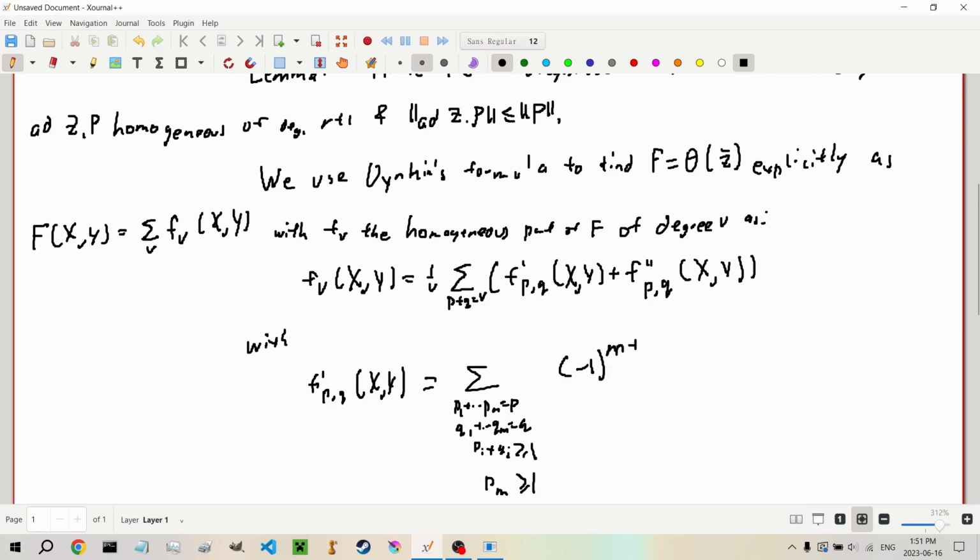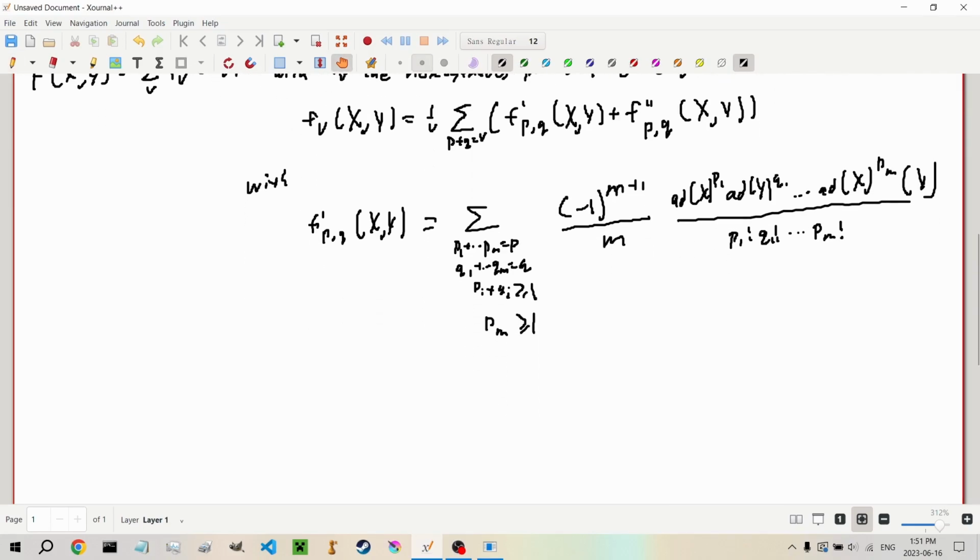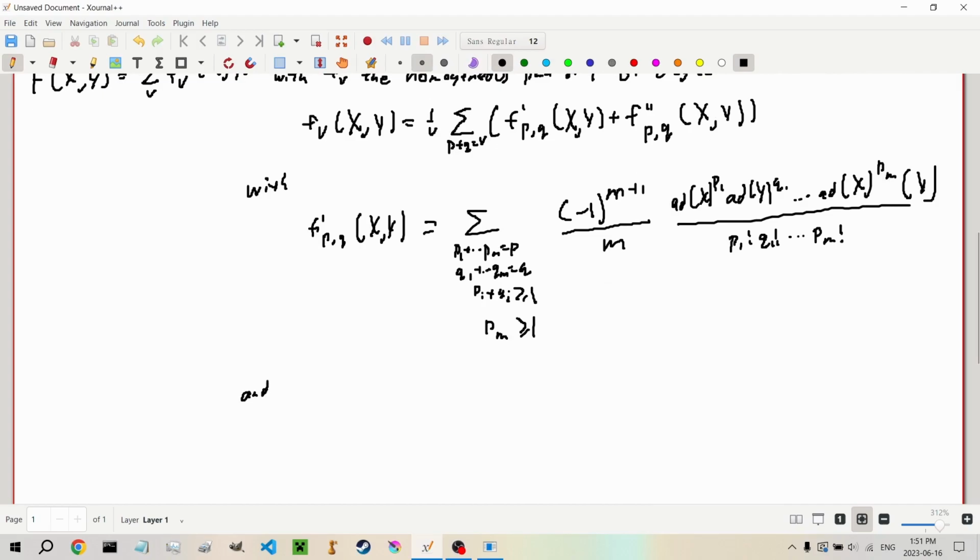Yeah, I'm sure we saw this before. I recognize this formula. Over m times the adjoint of x to the p1 times the adjoint of y to the q1 all the way up to the adjoint of x to the pm acting on y, and this is scaled down by p1 factorial, q1 factorial, all the way up through pm factorial. And we're going to have another formula vaguely similar for our second, or double apostrophe.